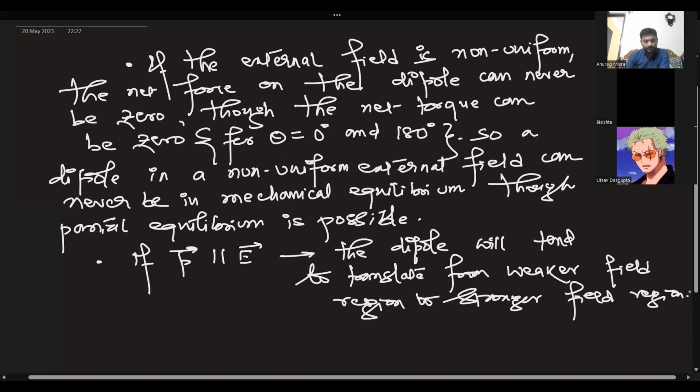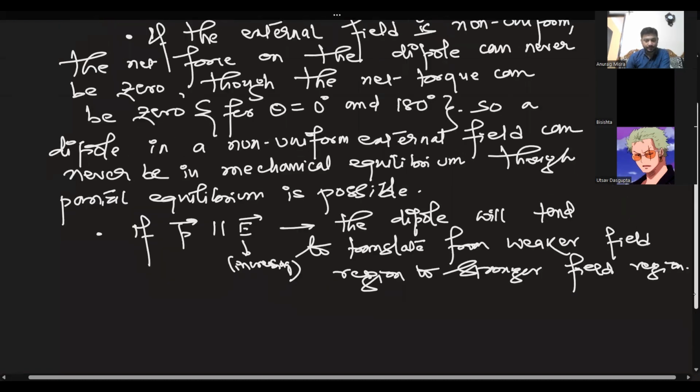Meaning if the dipole moment direction is along the direction of increasing electric field, then we will see that the force on the positive charge along the field will be more, the force on the negative charge along the opposite direction will be less, and it will try to move from the weaker field to the stronger field region.